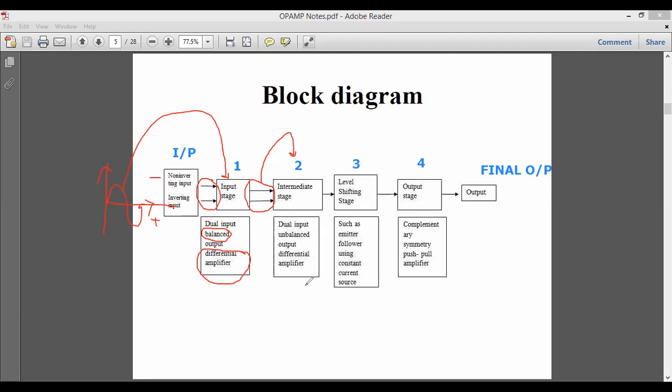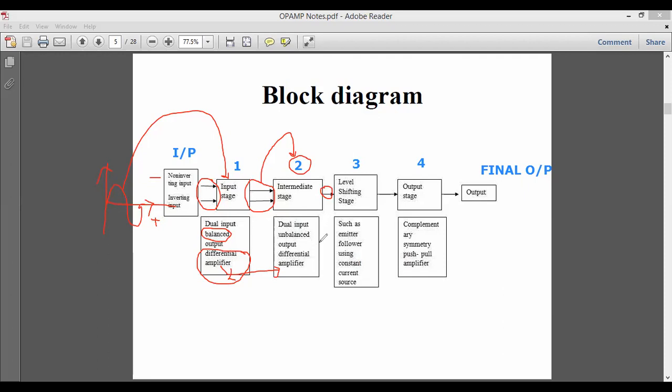What is that operation? It is the same as your difference amplifier. Same, but this stage number 2 is not balanced. It has dual input, but an unbalanced output. You can see there is only one arrow mark here, and two arrow marks there. That is why we call it a dual input unbalanced output differential amplifier stage.